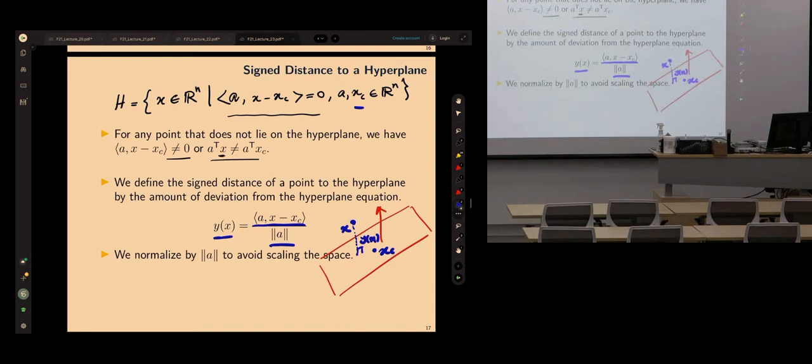So when we normalize, it's only the direction, leaving the space scale to be whatever it is, and it only tells us the magnitude, this distance, along normal a. It is signed, which is very important, as we will see now, because we care about which side we fall.